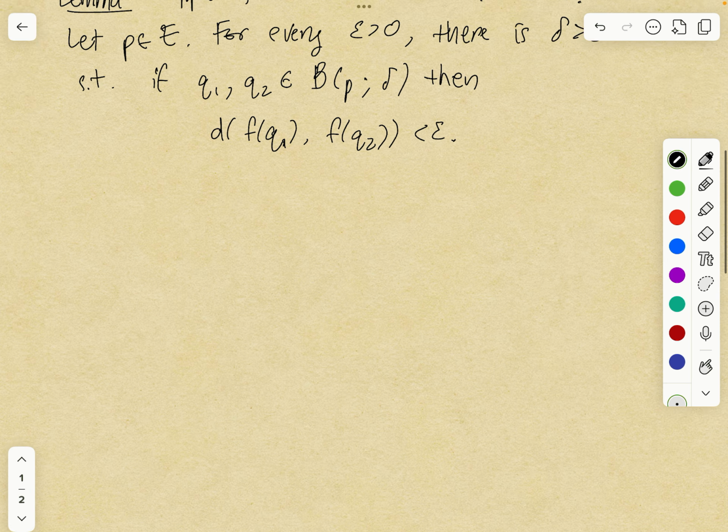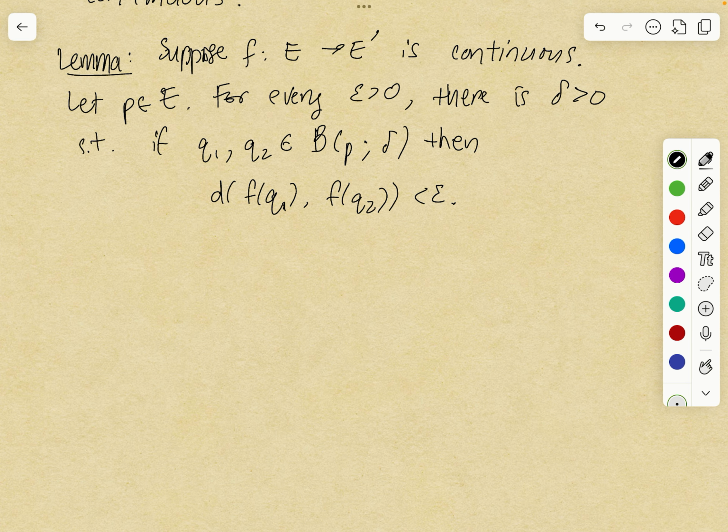This is slightly different than the definition, because the definition of f being continuous at P means that for every epsilon there's a delta, such that if the distance between Q and P is less than delta, then the distance between f of Q and f of P is less than epsilon. And here we have a statement that there is a delta such that whenever you have two points in the delta ball, then the distance between the outputs is less than epsilon.